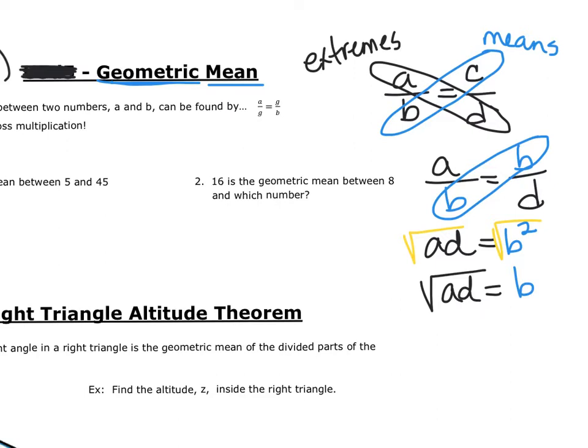Okay, so this is the formula that you would use. B is the geometric mean between A and D. Okay, so you take the product and then the square root.